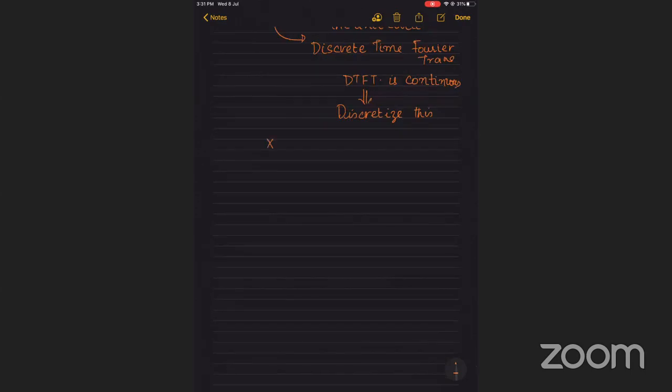Therefore, if we have x of n, we define X of k, which is the discrete Fourier transform, given by sigma n equal to 0 to N minus 1, assuming I have only N samples of x of n, x of n e raised to minus j 2 pi k by N into n, where k is equal to 0 to N minus 1.